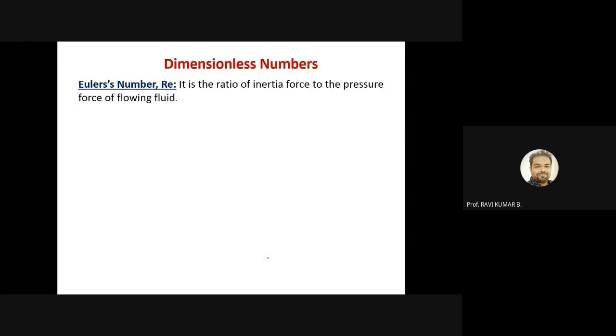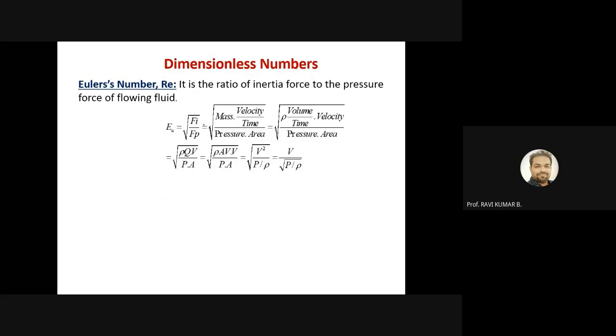Next one is Euler's number. It is the ratio of inertial force to the pressure force. So it is the under root of inertial force divided by the pressure force. Inertial force formula, you know, pressure force is pressure into area simply. So rho A v squared divided by pressure into area.